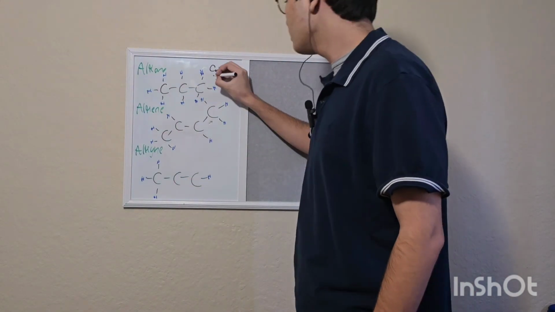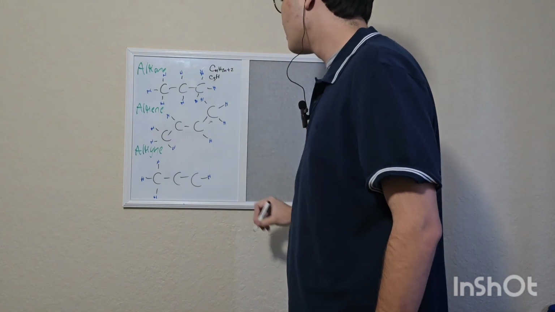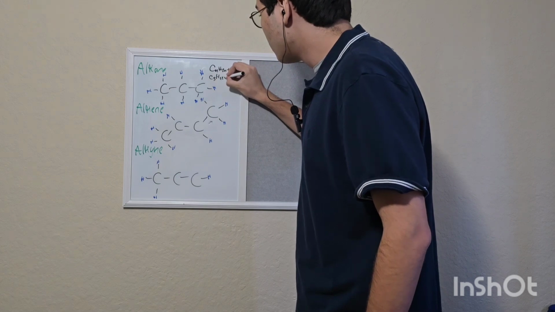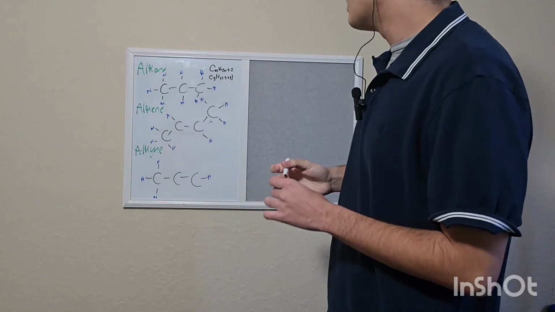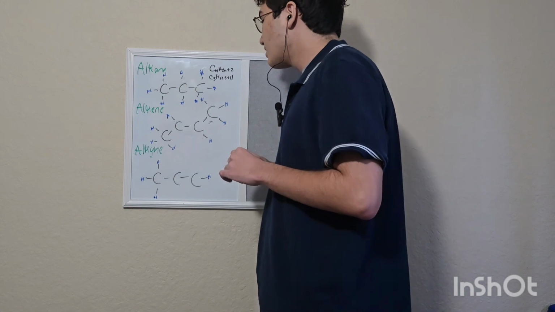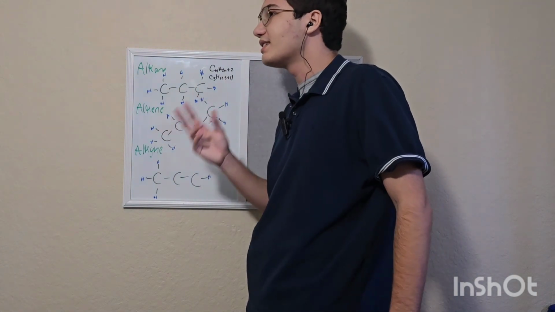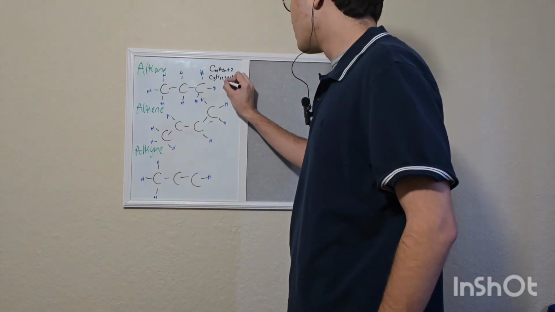Here we have 3 carbons, so we have C3. Now with the H, 2n+2, so that will be 2 times 3 plus 2. The reason why is because each carbon has at least 2 hydrogens, or at least normally.